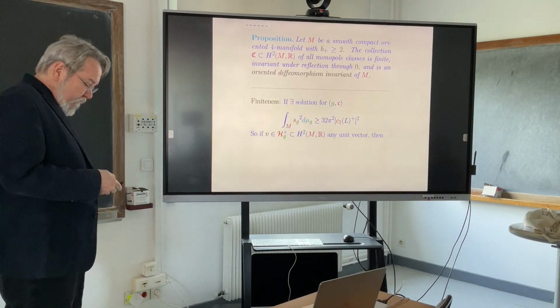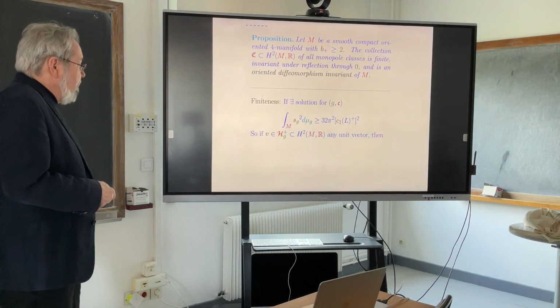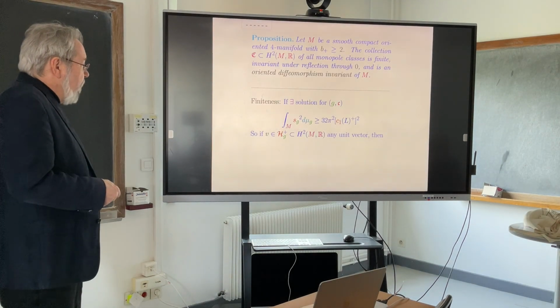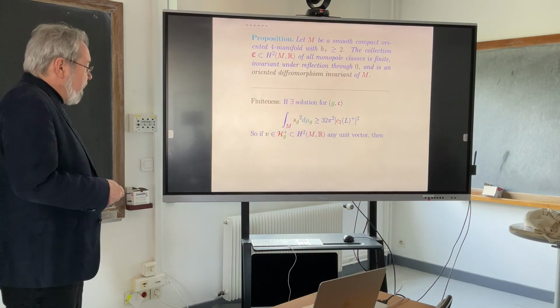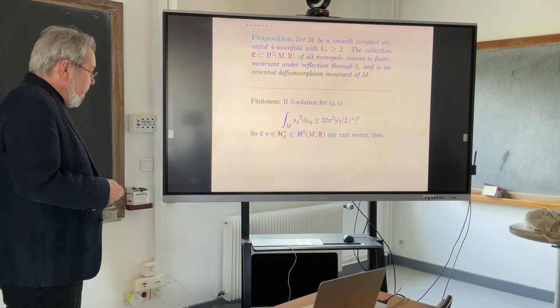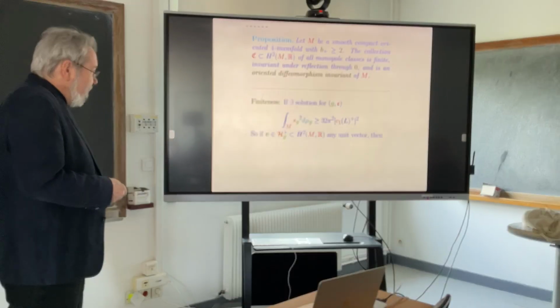So if you have any unit element of the self-dual, so this would actually be something represented by a self-dual harmonic 2-form with respect to g. But let's just say it is a unit vector in this space on which the intersection form is positive definite.